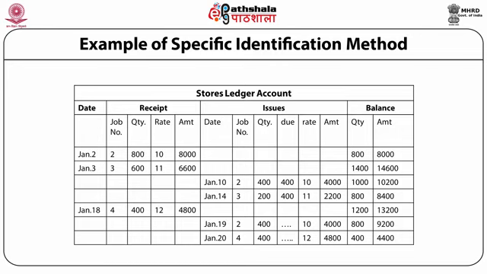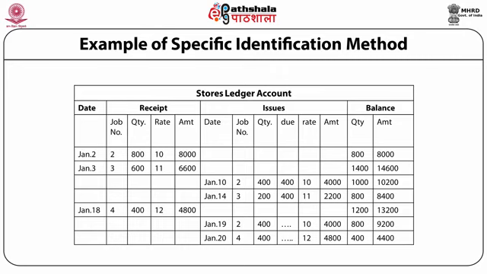So material issued for job number 2 is issued at the rate of 10. And when we have to make an issue of 200 units for job number 3, this material is issued at the rate of 11, the rate at which this material was received specifically for job number 3.